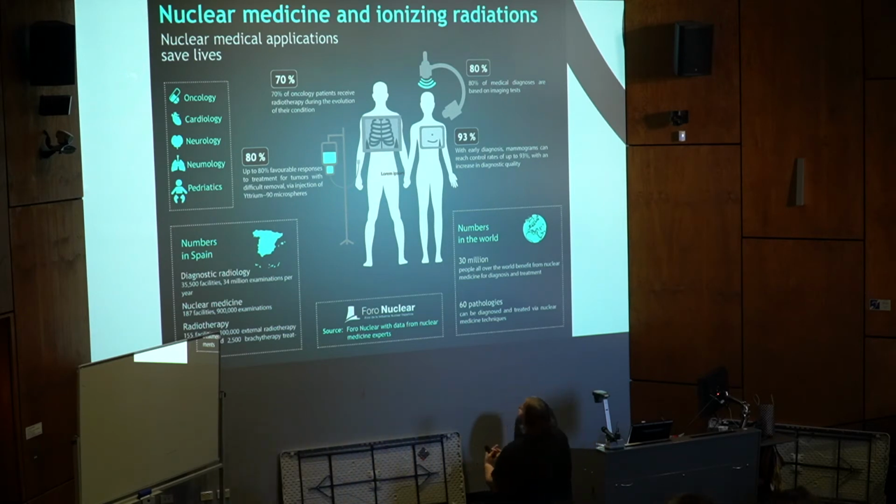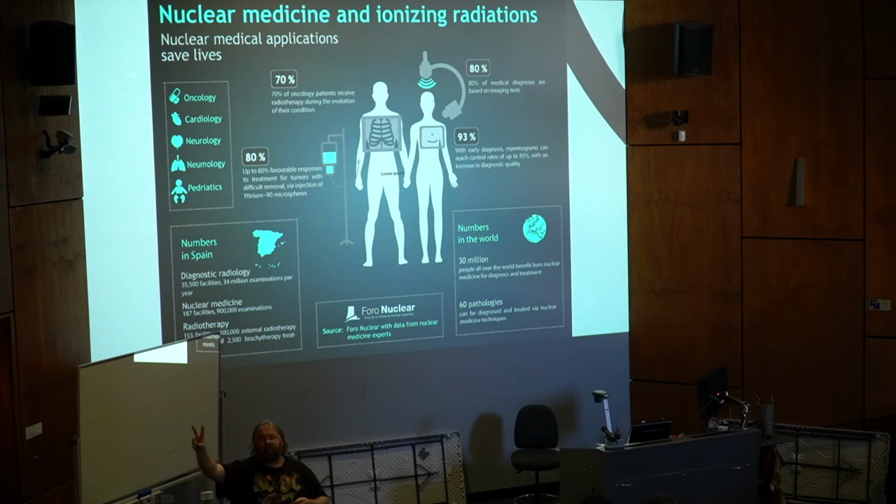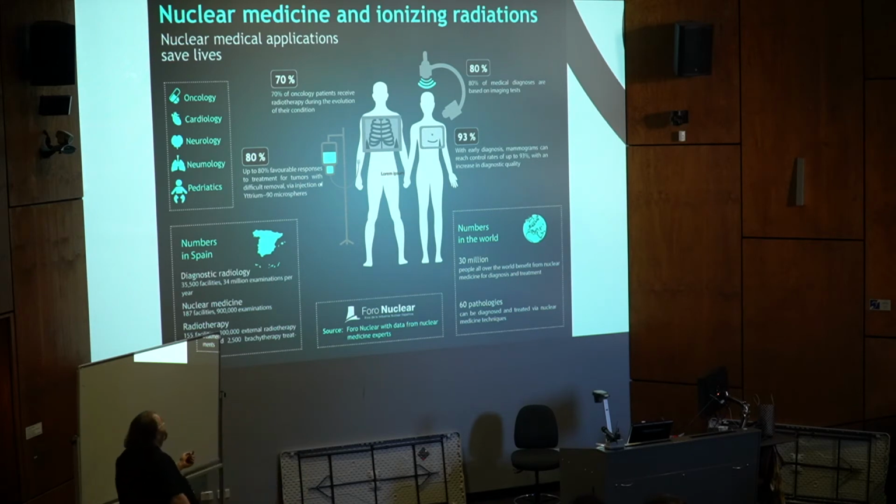From that, you've got oncology, which is the treatment of cancer. You get radiotherapy. One little distinction there: radiotherapy and chemotherapy are two different things. Radiotherapy is radiation, chemo is chemicals. Then you've got tumours with difficult delivery. Particularly brain tumours are probably the hardest one.